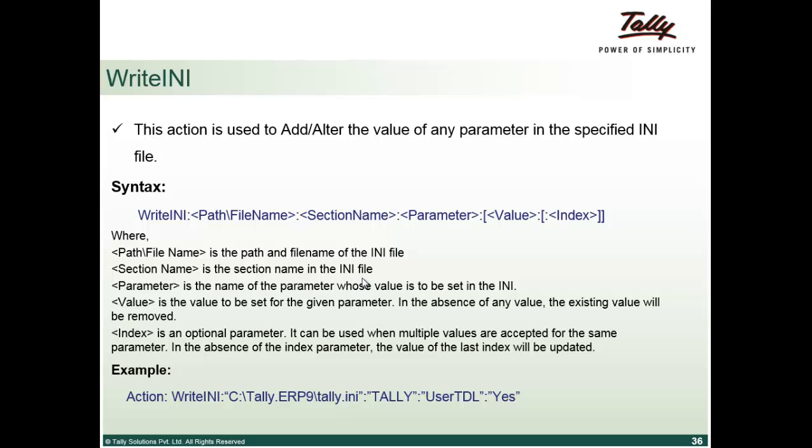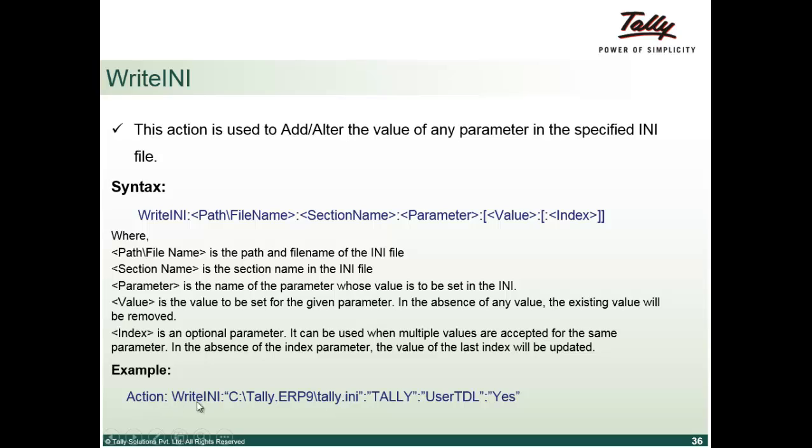For example, you have user TDL in the ini file, user TDL yes, and there is a parameter called TDL. The TDL parameter is multi-valued, so if you want to specify or change some particular indexed value of it, then you can use the index. And if you have not specified any index, then the values are accepted for the last index.